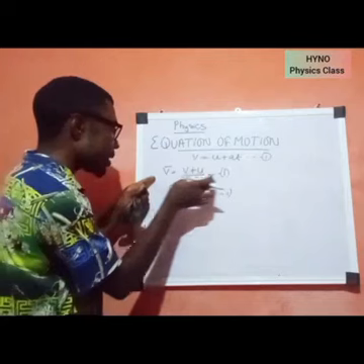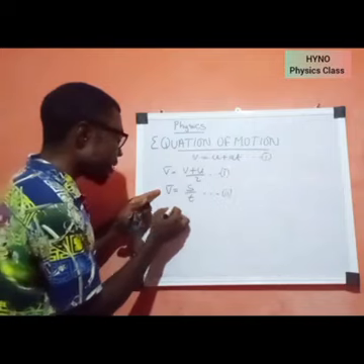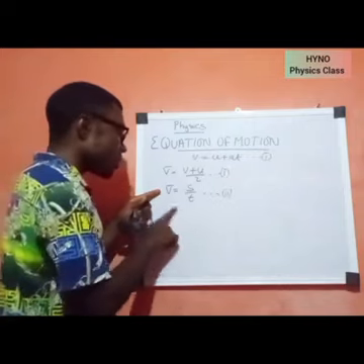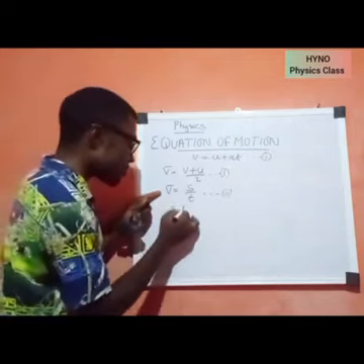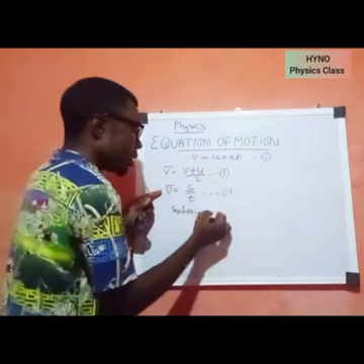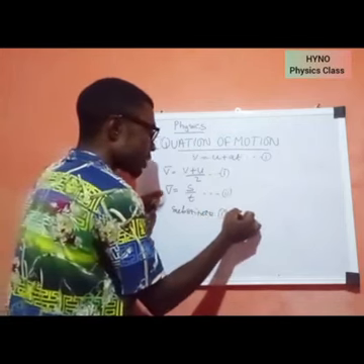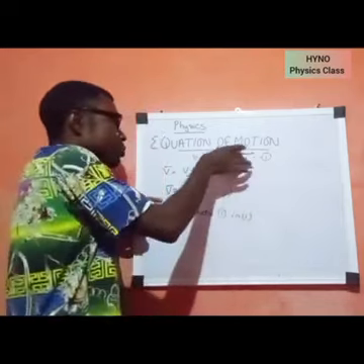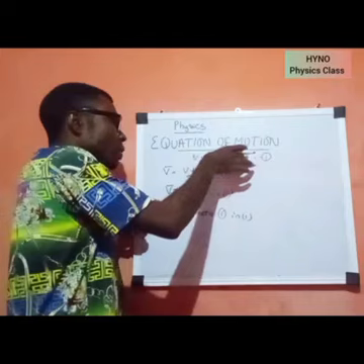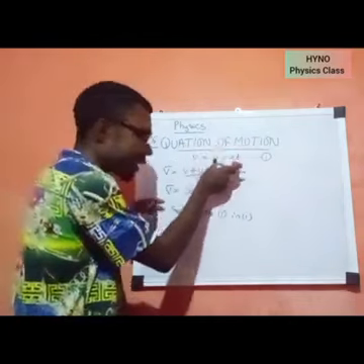Okay, if we say that average velocity is this or this, let's substitute equation 1 in equation I. That is, carry this equation 1, anywhere you see V in equation I, replace it with U plus AT.